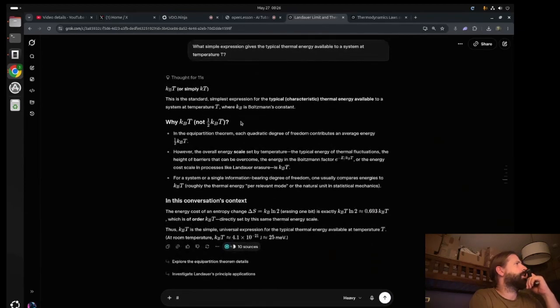This is the standard, simplest expression for the typical thermal energy available to a system at temperature T, where Kb is the Boltzmann constant. In the equipartition theorem, each quadratic degree of freedom contributes an average energy, however the overall energy scale is set by temperature.